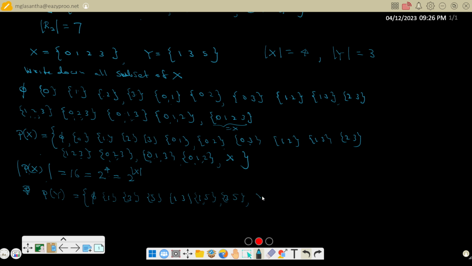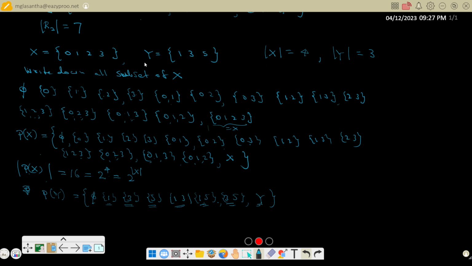Then the set Y itself. This is the power set of Y. The power set of Y includes all subsets of the set Y. So this is a subset of Y. This also is a subset of Y, and so on.